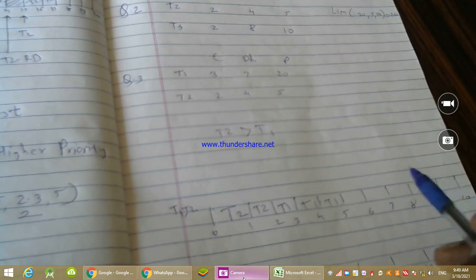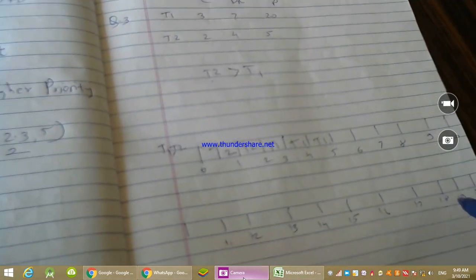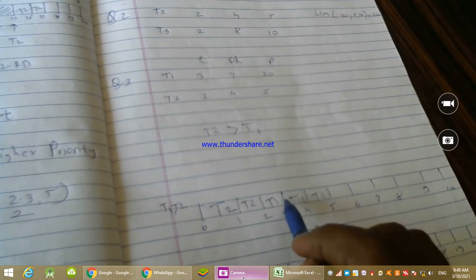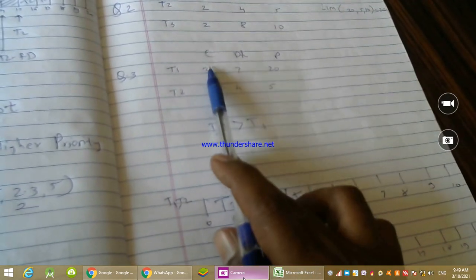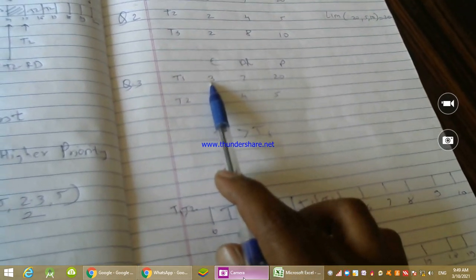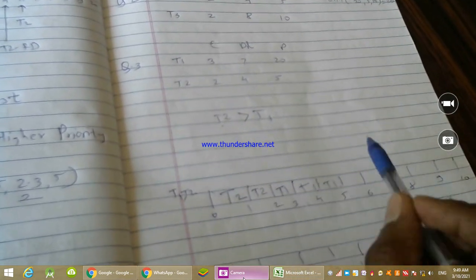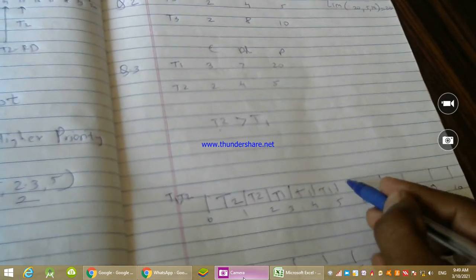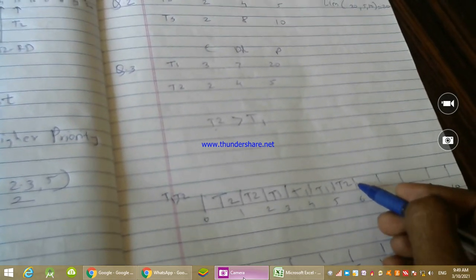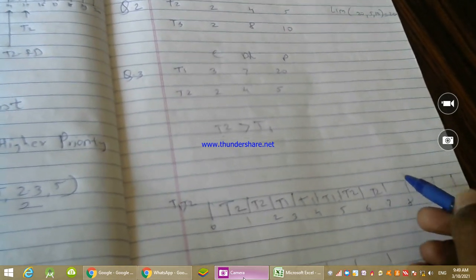Within these 20 units I have executed T1 three times. Further I cannot execute T1, so I take T2 again.